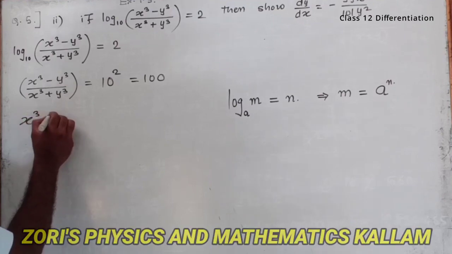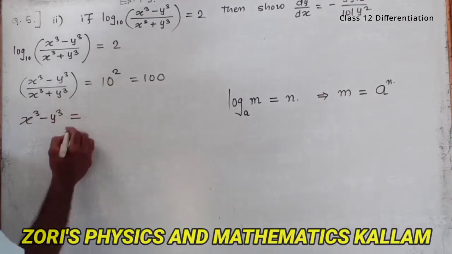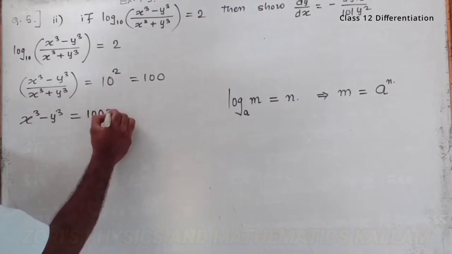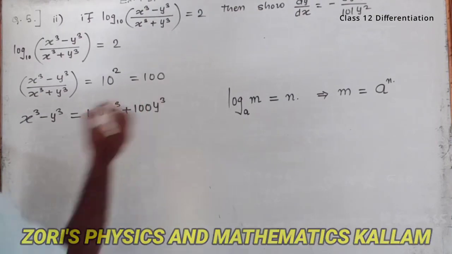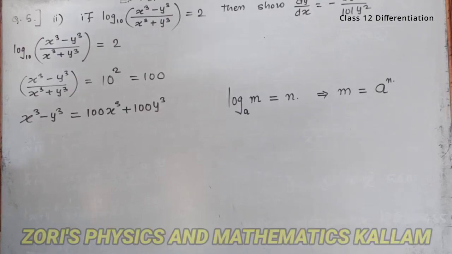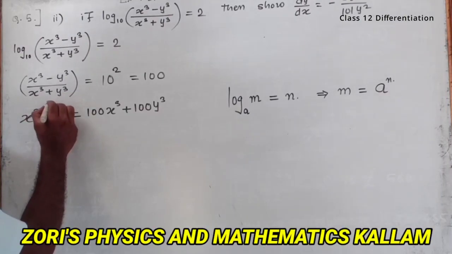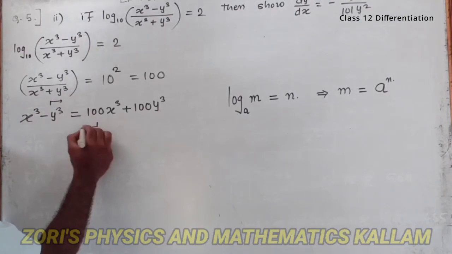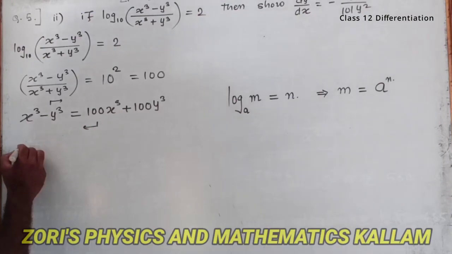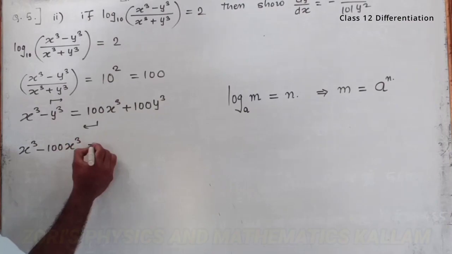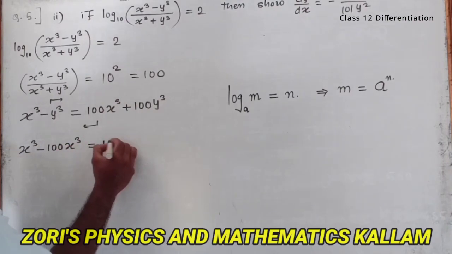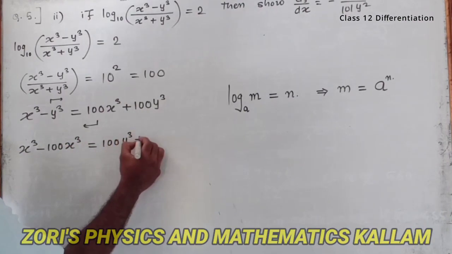So x cube minus y cube is equal to 100 x cube plus 100 y cube. After this, we are taking this y cube to the right and this 100 x cube to the left here. So x cube minus 100 x cube is equal to 100 y cube plus y cube.